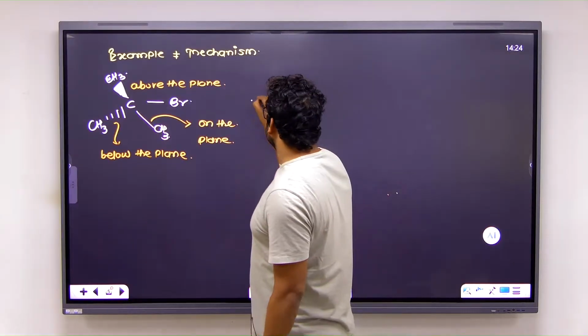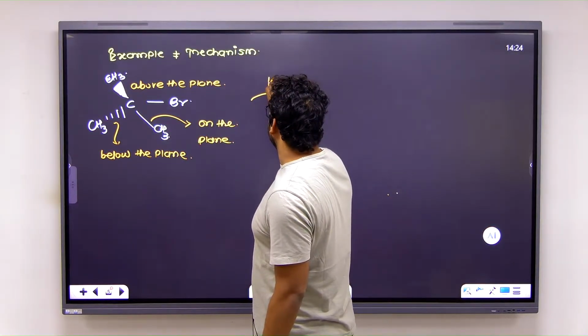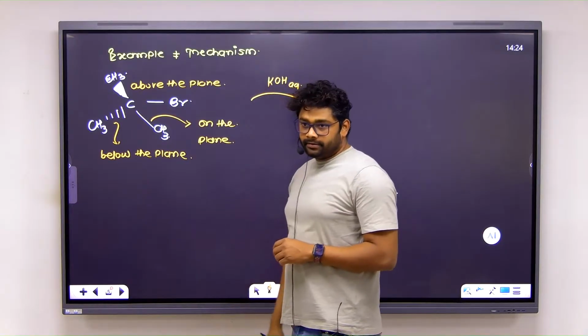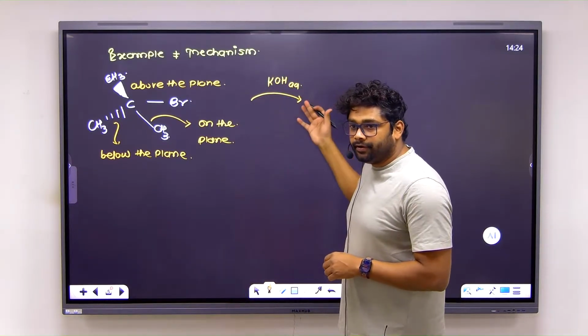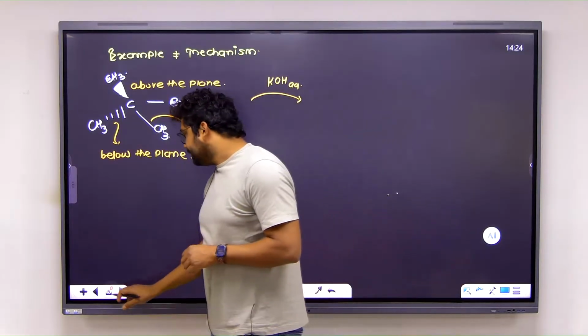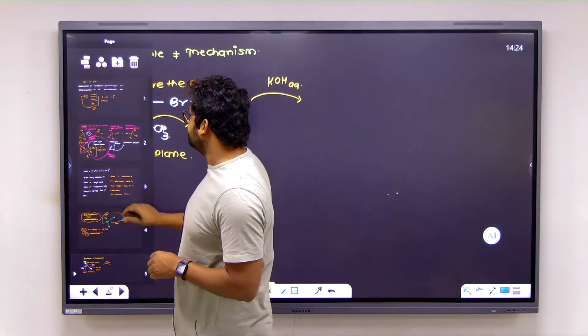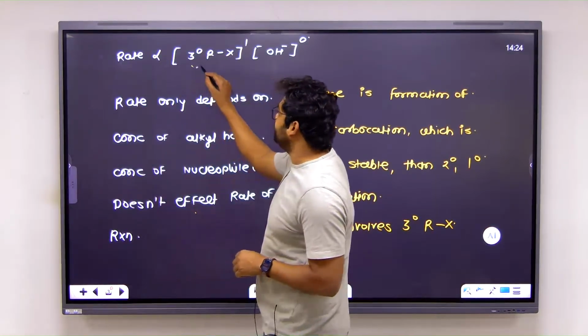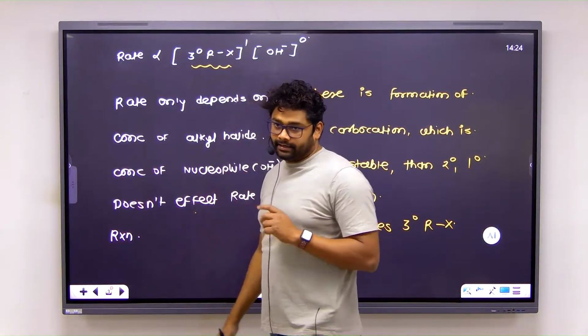Now, when the reaction happens with aqueous KOH, the concentration of KOH does not alter the rate of reaction. I recently told you the rate of reaction only depends on what? A tertiary RX or alkyl halide.